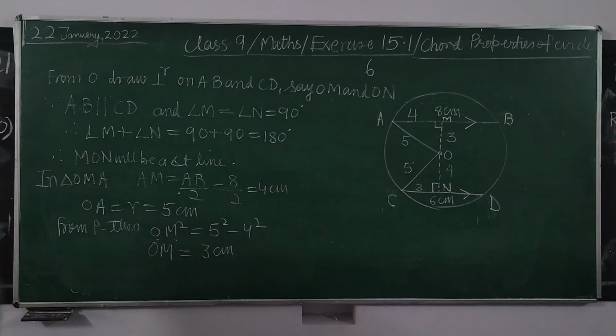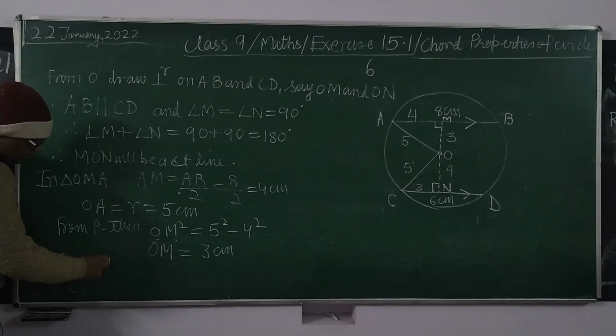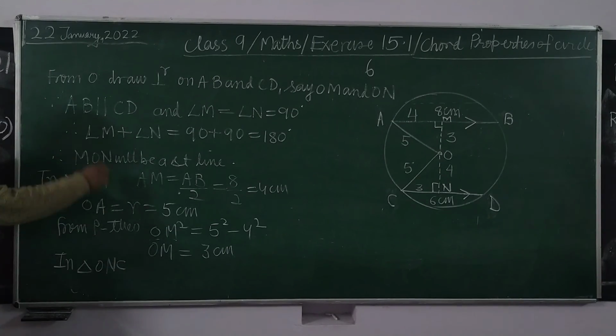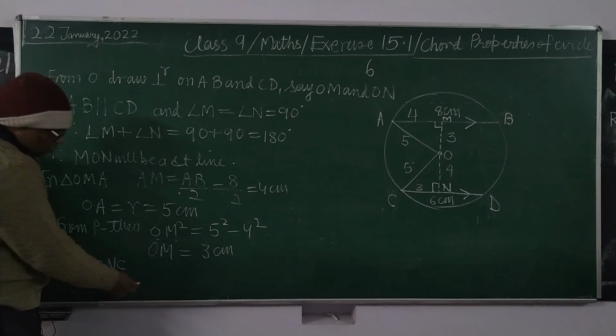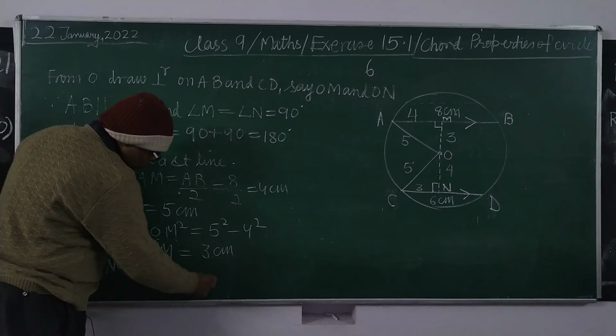Similarly, you can find ON. It is clear, so that I am not writing here. In triangle ONC, you will write exactly like this, and then you will show ON equals 4 centimeter.